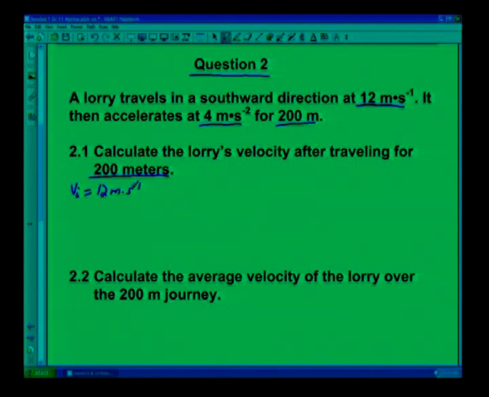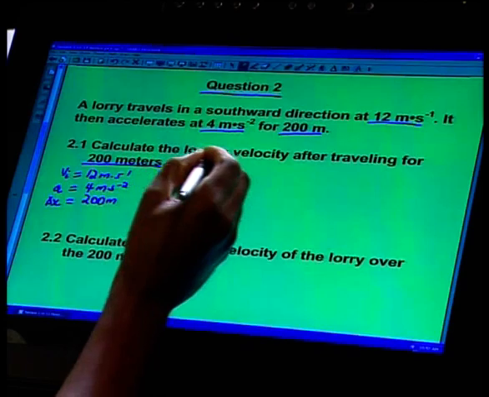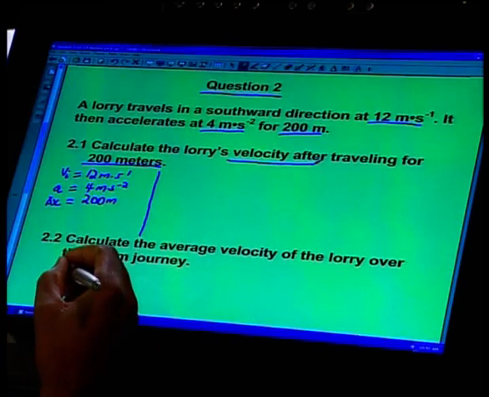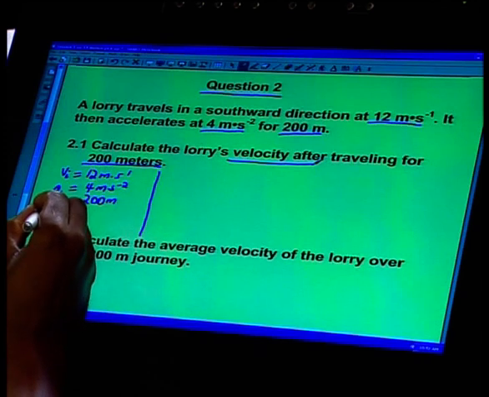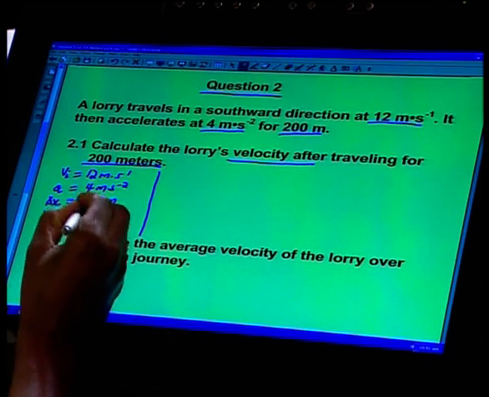Then we've got the acceleration A at 4 meters per square second. And then we have delta x, that is 200 meters. The question is, calculate the lorry's velocity after traveling for 200 meters, and therefore what we're looking for is V final.